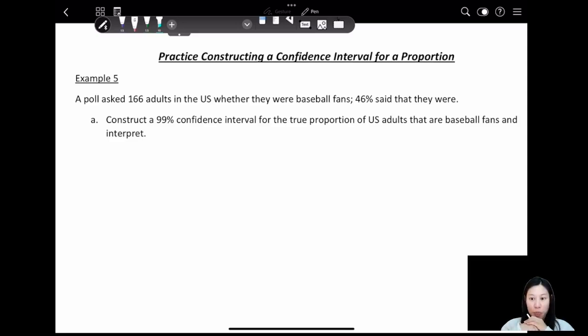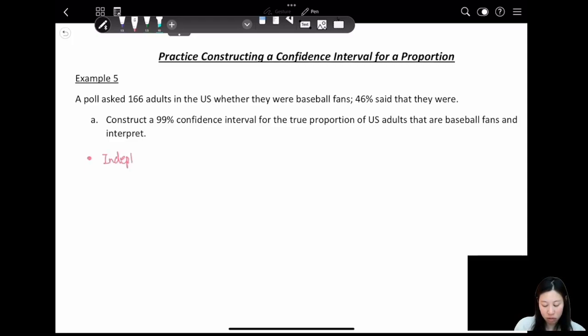First of all, since this is a confidence interval for a proportion, we need to know whether we can use a sampling proportion for this question. So we need to check the central limit theorem first.